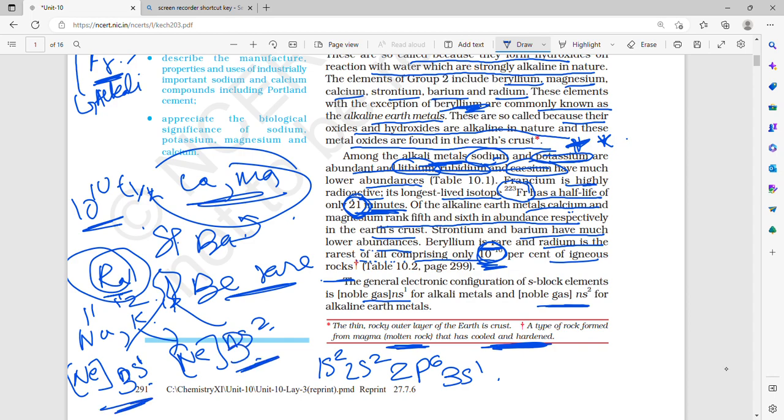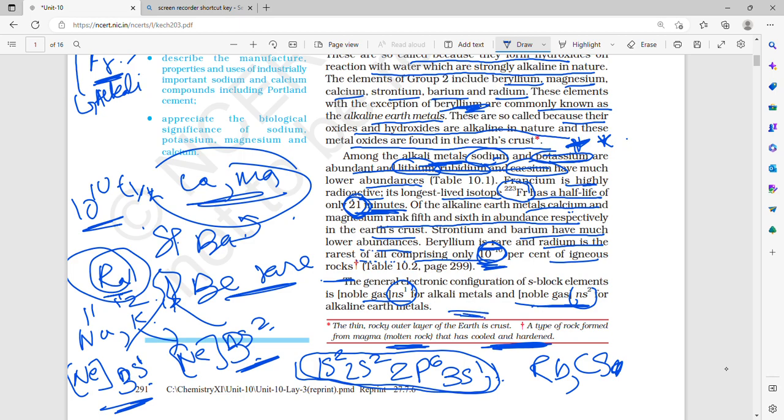So first you write the noble gas configuration. Instead of writing the entire thing, if I say write for rubidium or cesium, you can't sit writing the entire thing, right? So you will take the noble gas which is closest, and then you know that ultimately you are going to get either ns1 or ns2 after the noble gas.